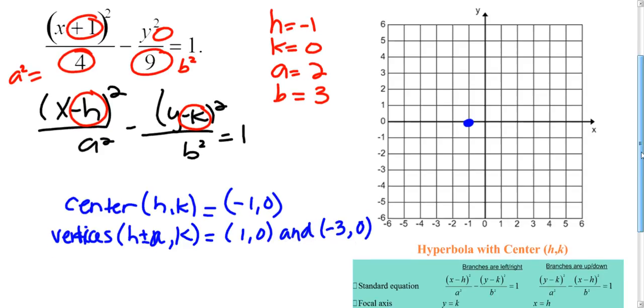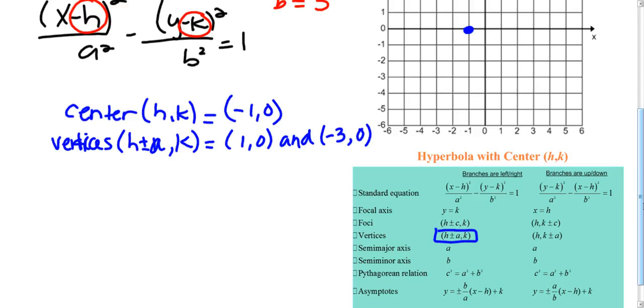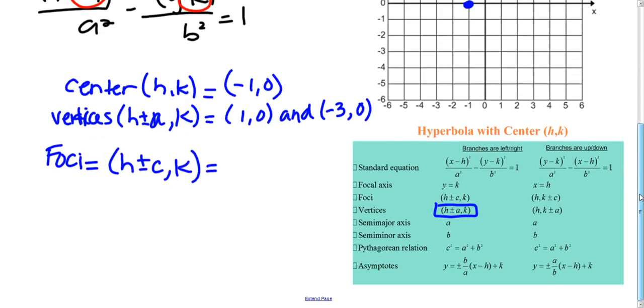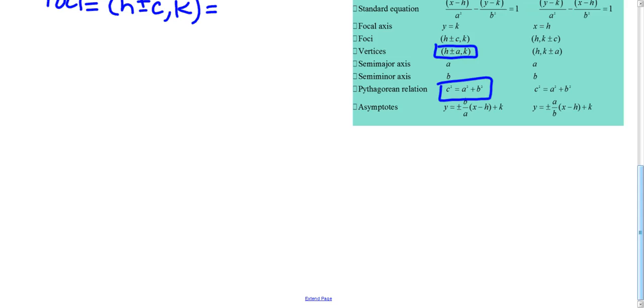And now we need to be able to find our foci, which is a little bit trickier. Your foci are h plus or minus c, and then k. To find your foci, it kind of helps to draw it, or you can use this little Pythagorean relationship, and you can pretty easily figure out what c is without having to graph this if you want. c squared we know is a squared plus b squared.